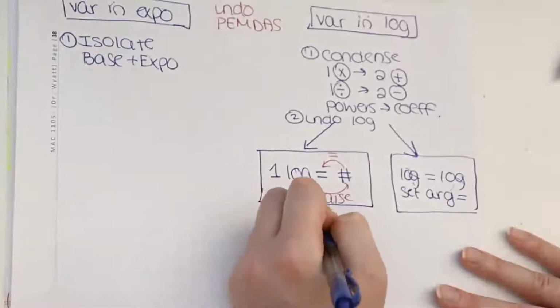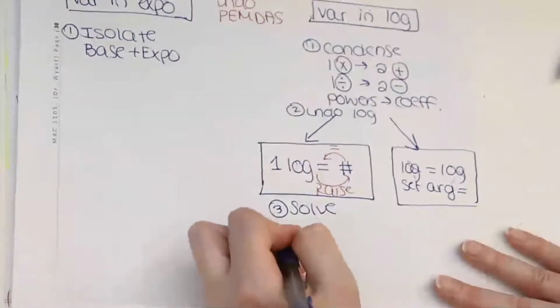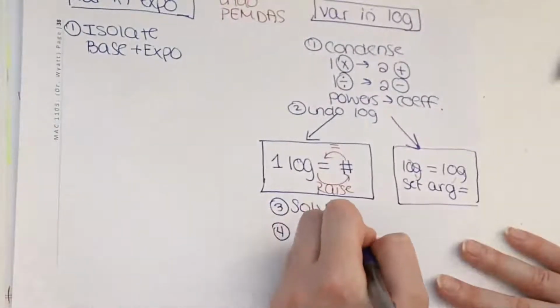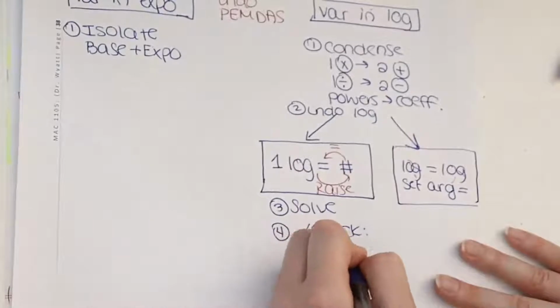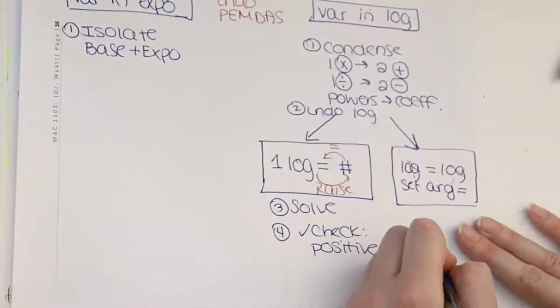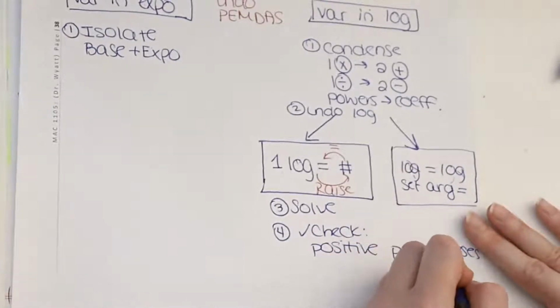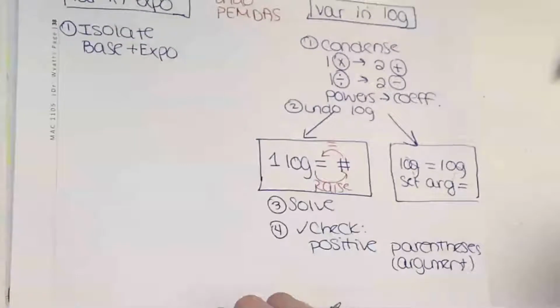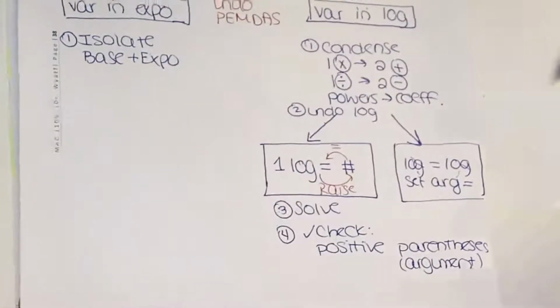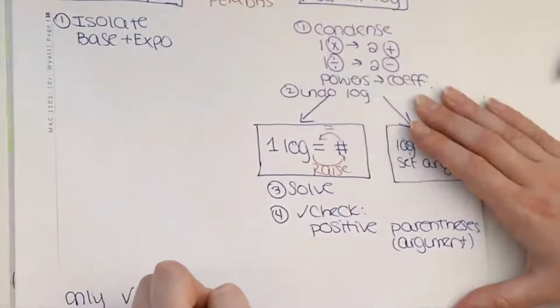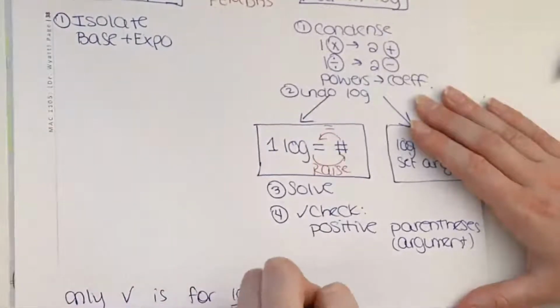So you solve, you go on your merry way and solve it. And then the 4th step is that you have to check for a positive parenthesis quantity, because remember that parenthesis quantity is your argument. The only time in solving equations in test 4 that you actually have to check is for log equations.